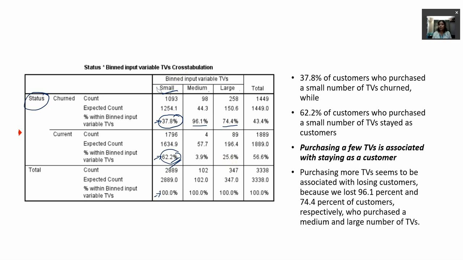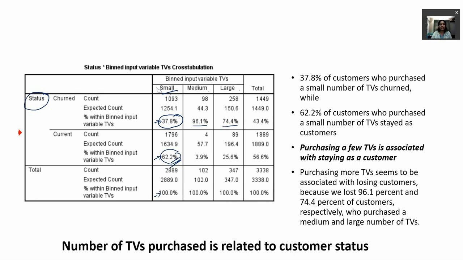So here from this analysis of the percentages that we have obtained column wise, we understand that the number of TVs purchased is related to the customer status. If a smaller number of TVs is purchased by the customer, then the customers stay with us.